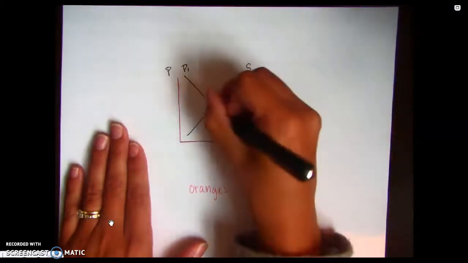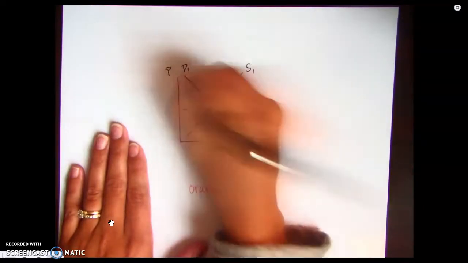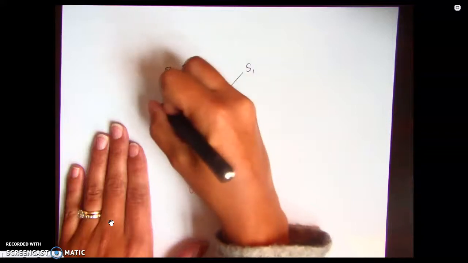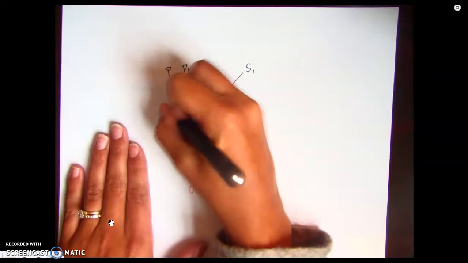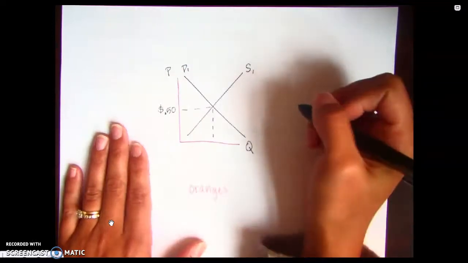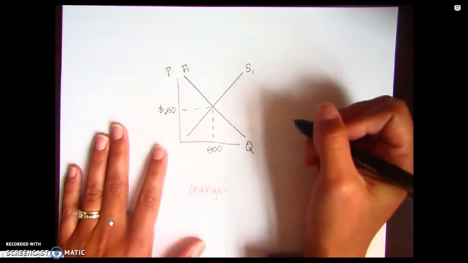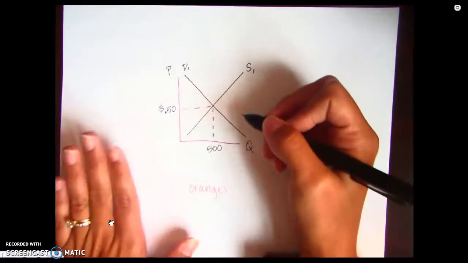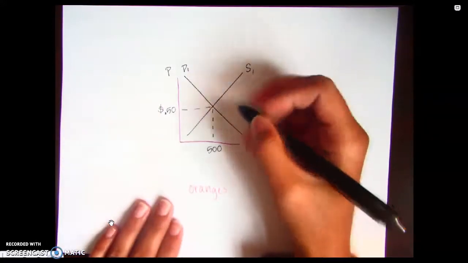And again, let's say that you are selling oranges for 50 cents each. And at 50 cents each, you're able to sell 500 oranges. And that's your equilibrium. That's where it's kind of that sweet spot between demand and supply.